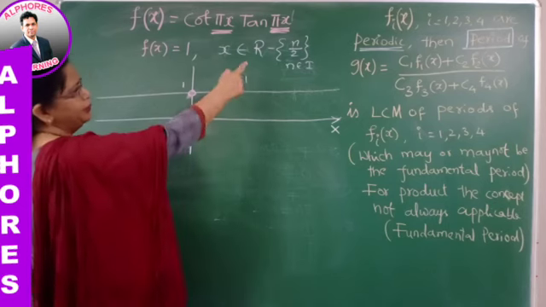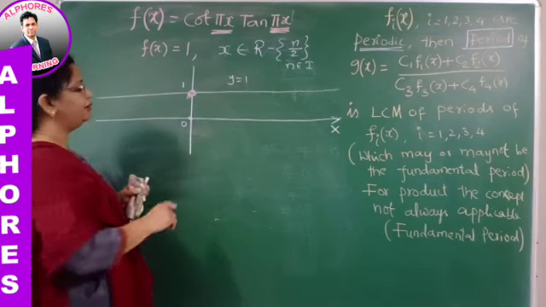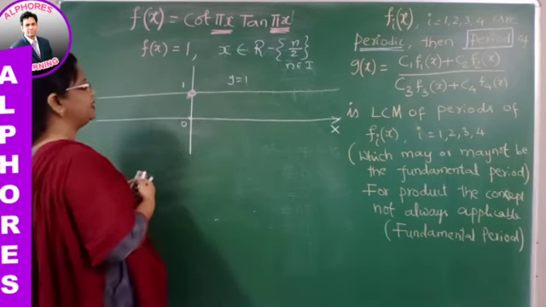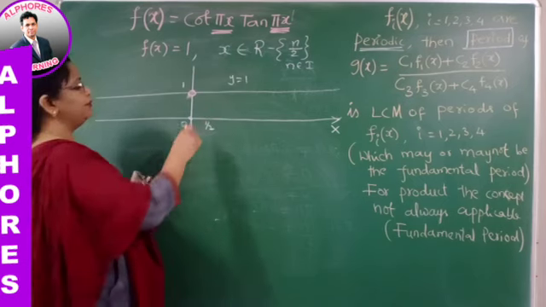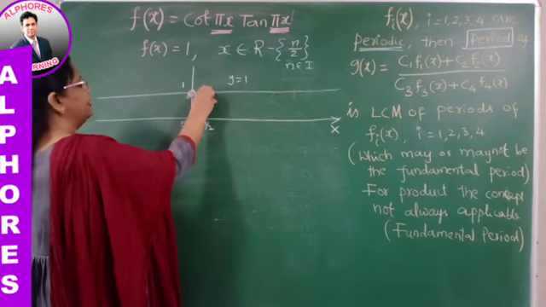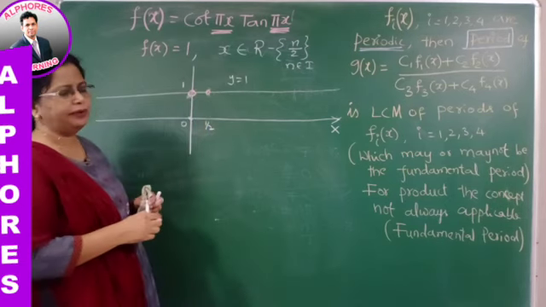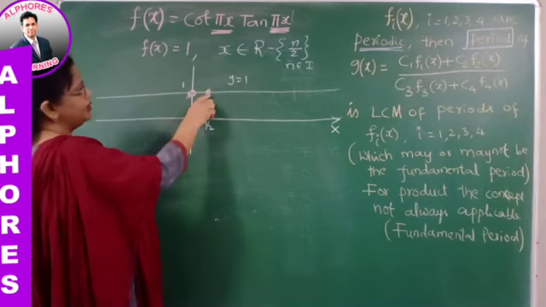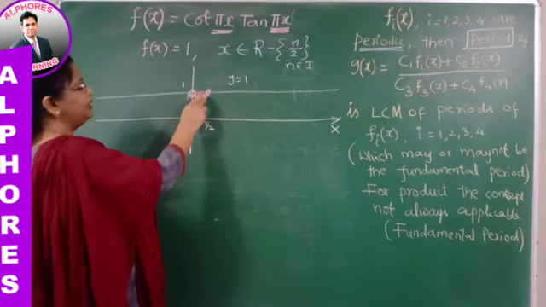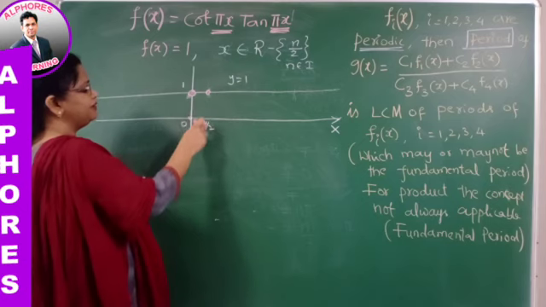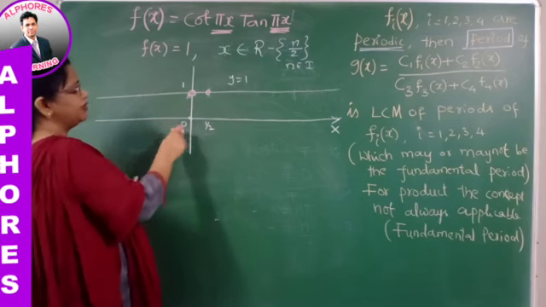And next value, n is 1, so 1 by 2. Exactly when x is 1 by 2, this is not defined, so there is also a hole. Understand, wherever I am putting a hole, the indication is that in the whole graph you are not taking this particular x value.